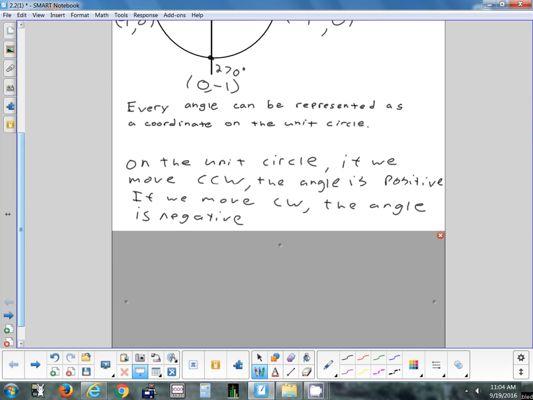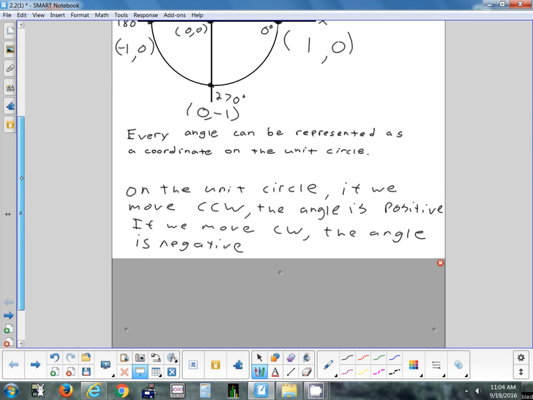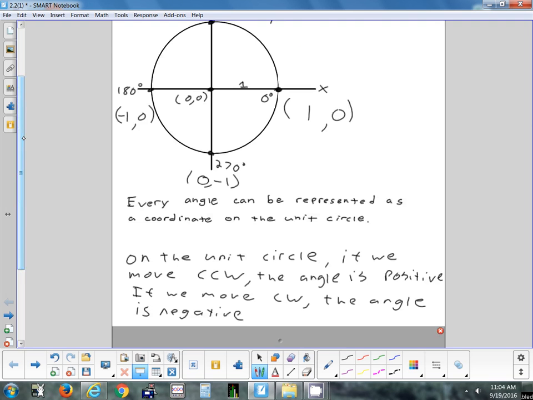The reason that's important is because sometimes they might give you an angle, say like 90, and you're going to have to figure out the coordinate. So if you're not sure, step 1 is to graph it. And if you're going to graph it, you have to know what direction to move. So positive angles, counterclockwise. Negative angles, clockwise.